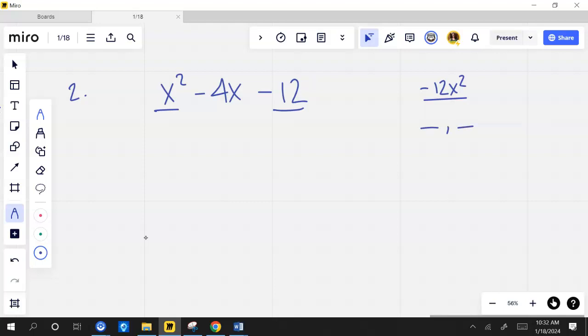Because they got to multiply to negative 12, right? So what two numbers multiply to negative 12, but add to negative 4? Negative 6 and 2. Does everybody agree? All right. I'm going to rewrite that middle.